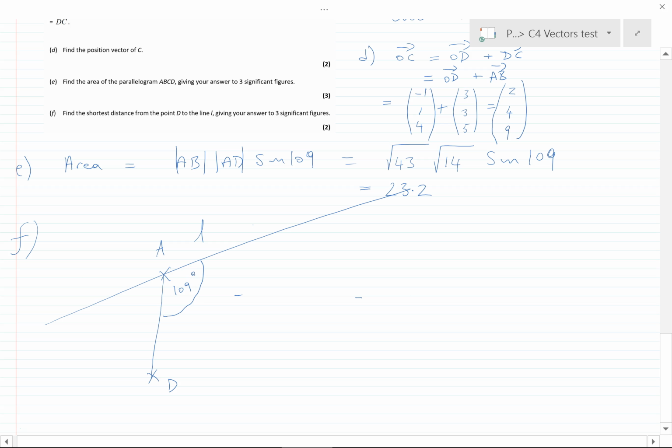Okay, and it wants the shortest distance. So that will be this distance here. Let's call it D.